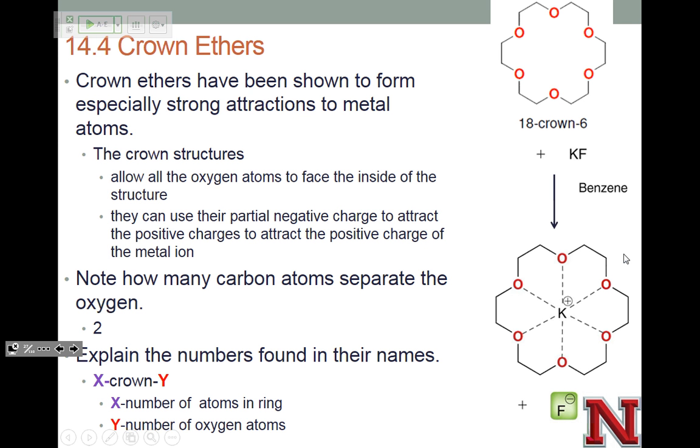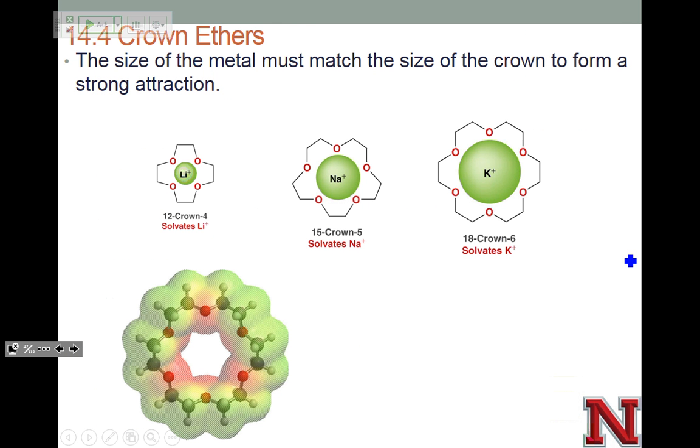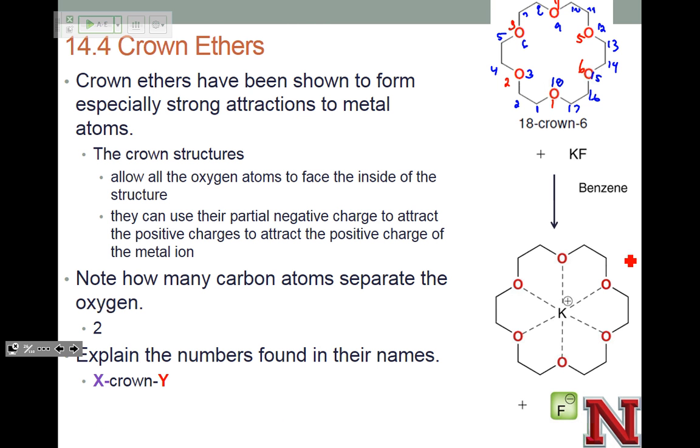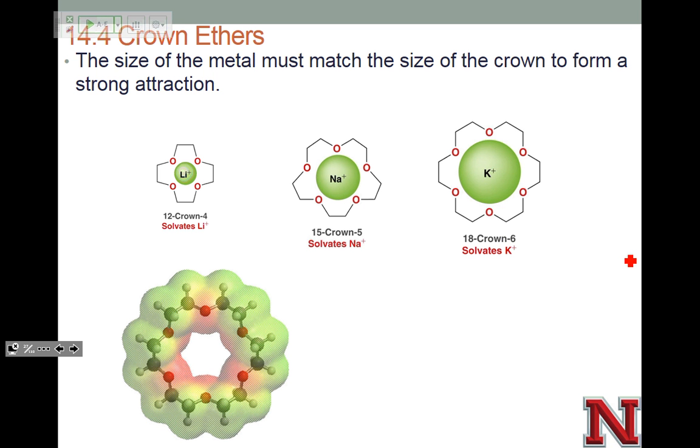So what we see is 18 crown 6 has 18 total atoms, and then 6 oxygens. And then the crown's just in the middle. Now 18 crown 6 works best with fluorine. Our other ethers work well with our other metals.